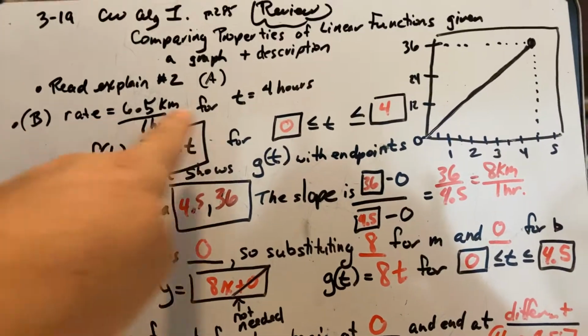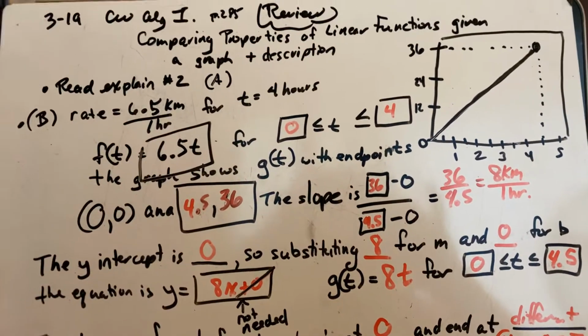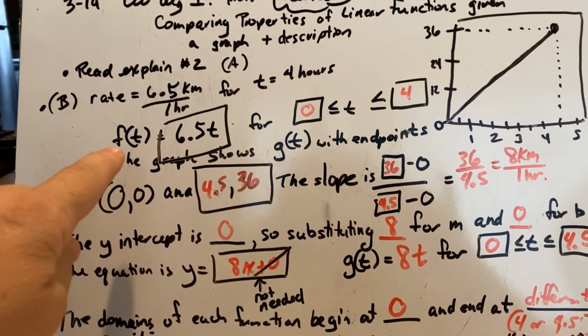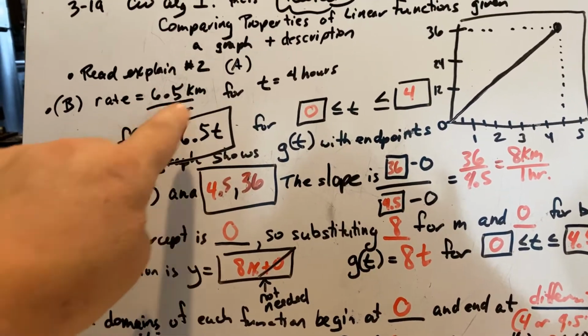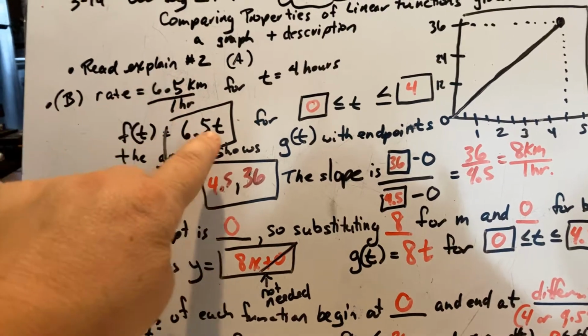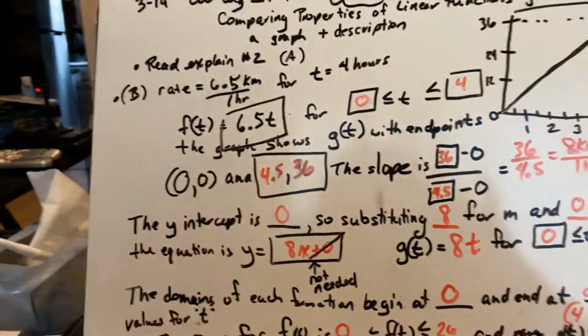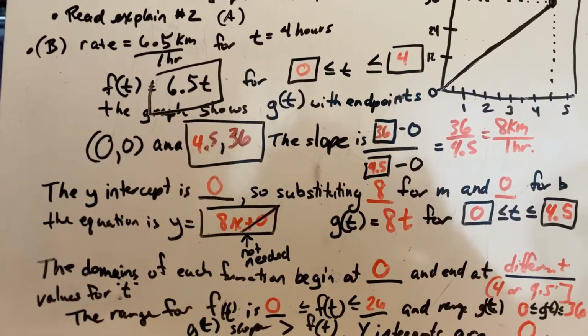So again, we're doing part B right here. Write a rule for each function. So f of t is equal to 6.5t. Why? There's my slope times t, the number of hours. And that will give me the total distance. So f of t is the distance traveled in t hours.